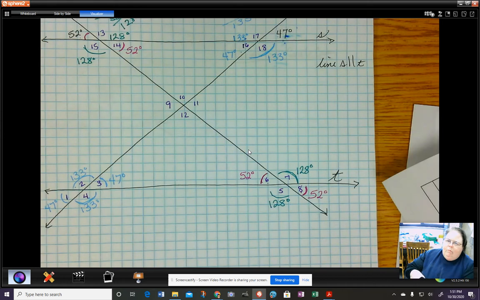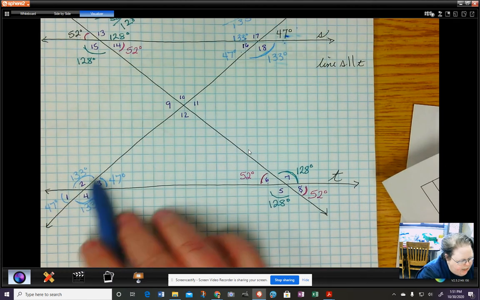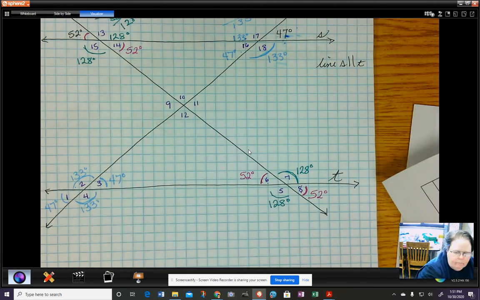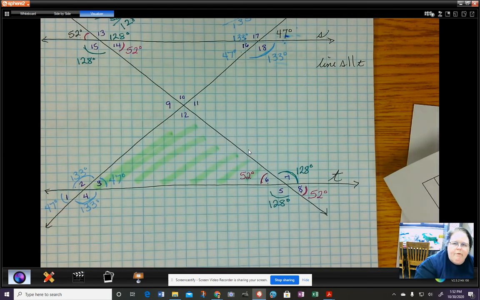What about the middle? How am I going to find the middle? There's not a rule yet that I know. Well, if you think about it, what shape does that middle take? It's a triangle.